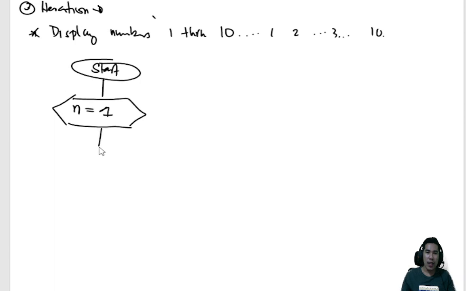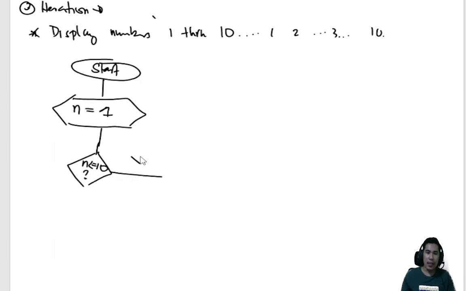We initialize n to 1, meaning the program is already set with n initialized to 1. After that, you'll have a decision: since it is 1 to 10, we have here n less than or equal to 10, with a question mark.